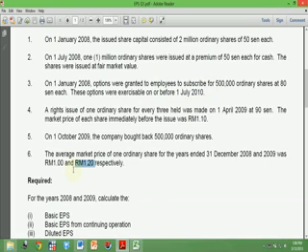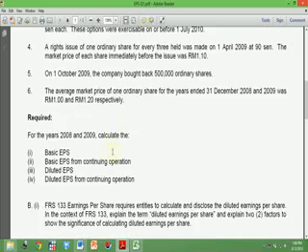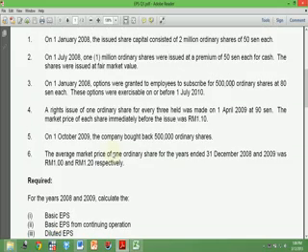Here, we are comparing 120 with 80 cents, meaning a discount of 40 cents from 120 cents. So roughly we have 40 divided by 120 times 500,000, which gives 166,667. That is the discount that will dilute the interest of the existing shareholders.